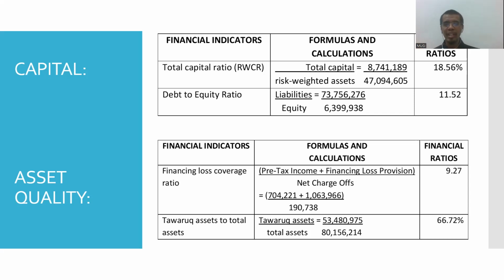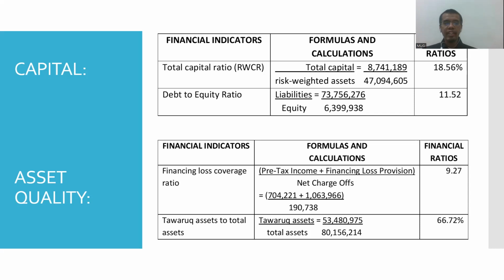That number is 190,738, and the financial ratio is 9.27 times. I don't know if this is good or not, but I believe this is quite good because they have reserved almost 10 times coverage ratio for the expected financing loss. I think it's quite good because it's 10 times.